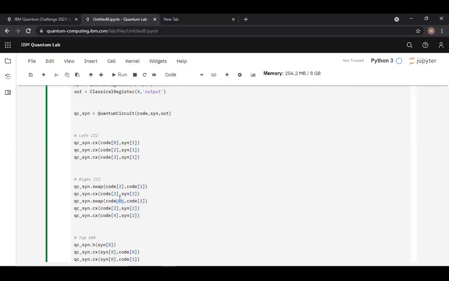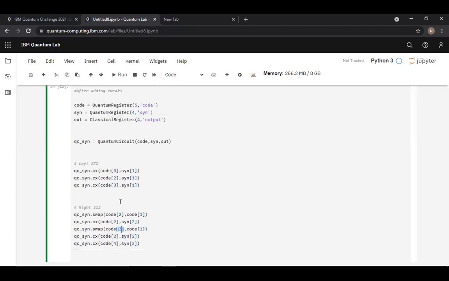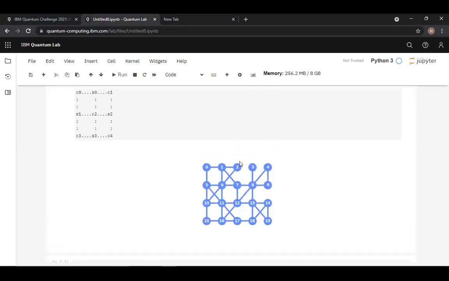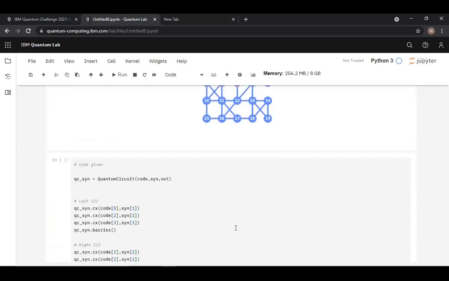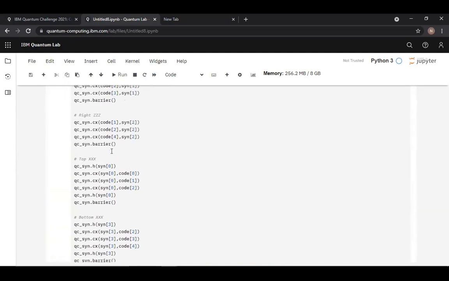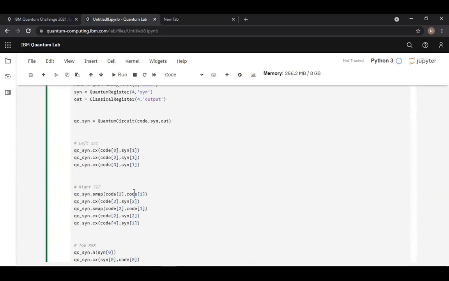Then we again reverse the states, applying a swap gate between C1 and C2. So your operation is done and you're back to your initial state, and you have executed the code where you had to apply an operation between C1 and S2 for the error correcting code. You have tackled that well by using the swap gates.